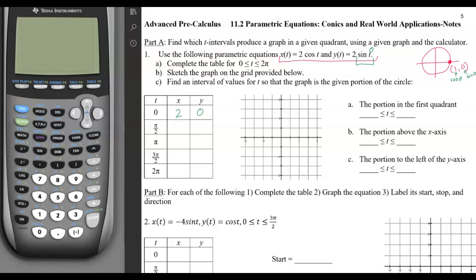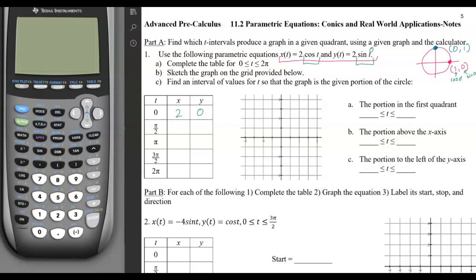Now we're looking at the next point, which is pi over 2. That is our 90 degree angle up here. This coordinate point is 0, 1. So the sine and cosine values have now flipped. So now we're plugging in pi over 2 for t.